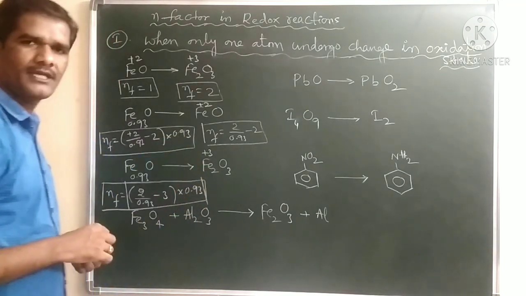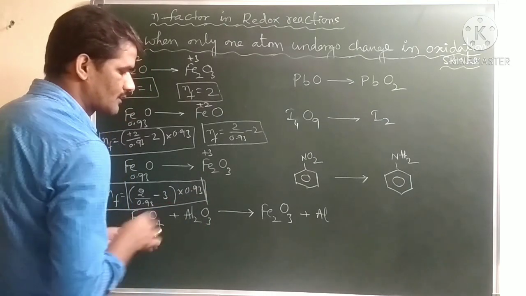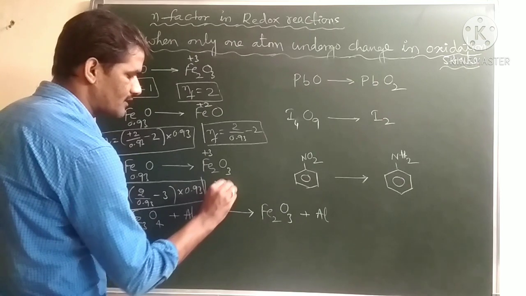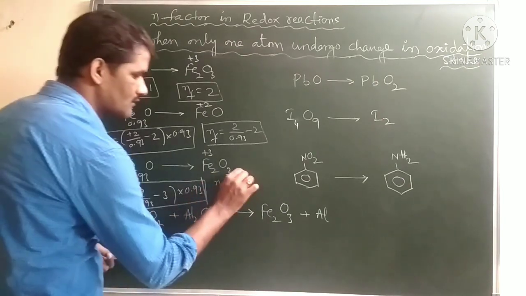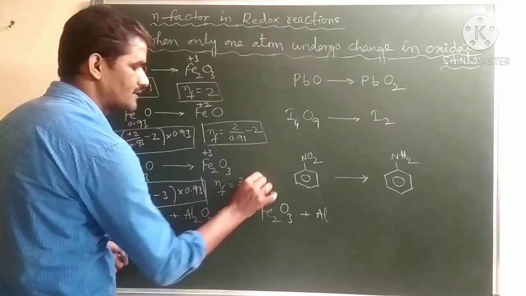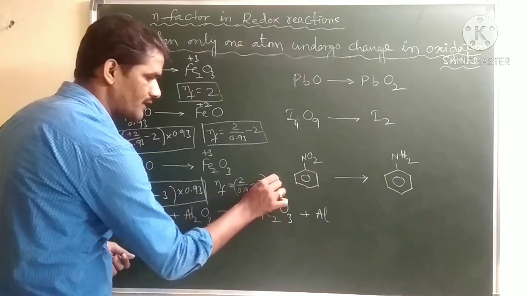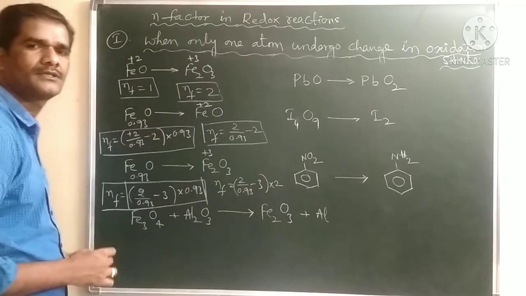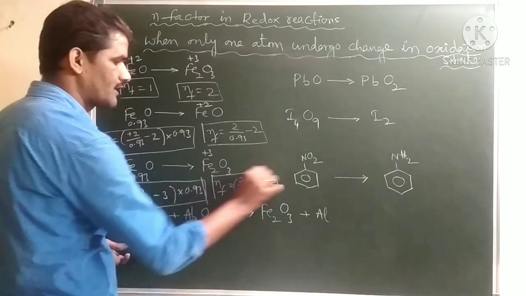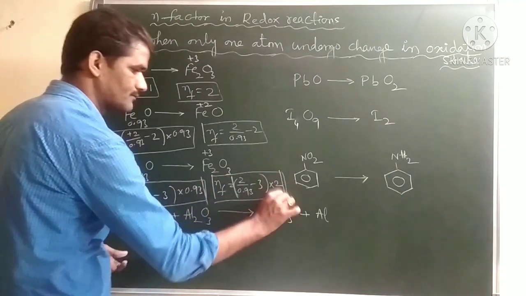Again Fe2O3, the change is the same, so here the N factor is equal to 2 by 0.93 minus 3, but 2 iron atoms are there, so into 2. This is the N factor for Fe2O3. Again this is a mod value.